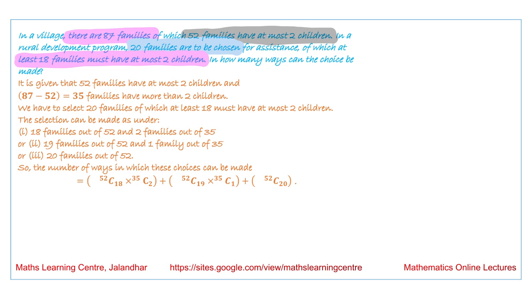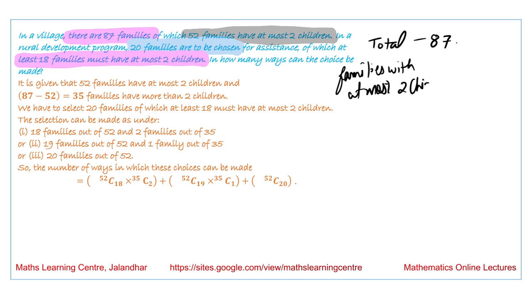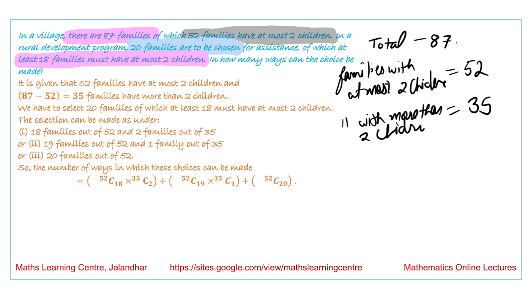So if we list these things, the total number of families is 87. Families with at most 2 children is equal to 52. Families with more than 2 children is 87 minus 52, which is equal to 35.